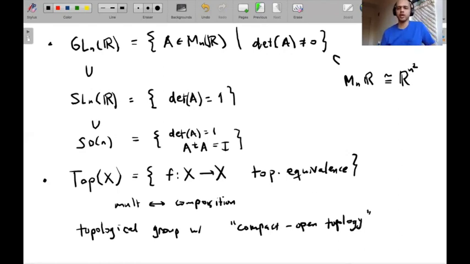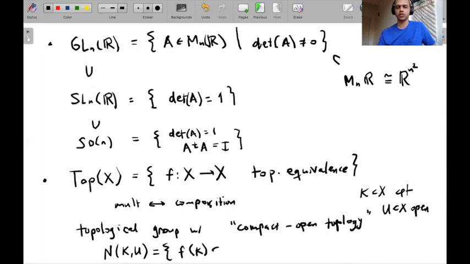This is the topology generated by sets of the following form. If you have K in X compact and U in X open, then you can look at all of those topological equivalences which send K into U. And it turns out these form a basis, technically a sub-basis, but I don't want to get into it, for a topology on this set of topological equivalences.